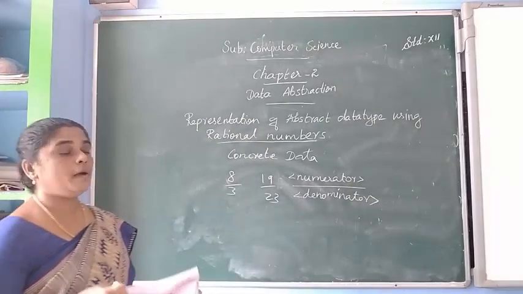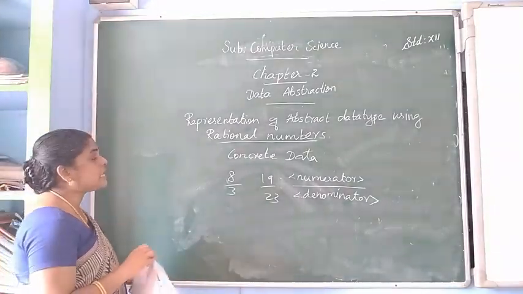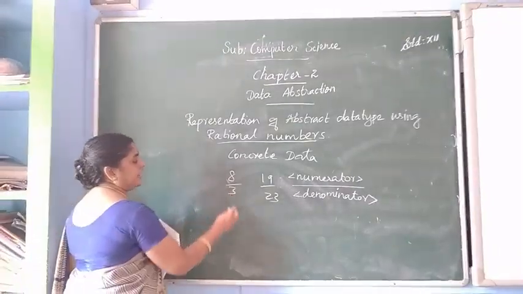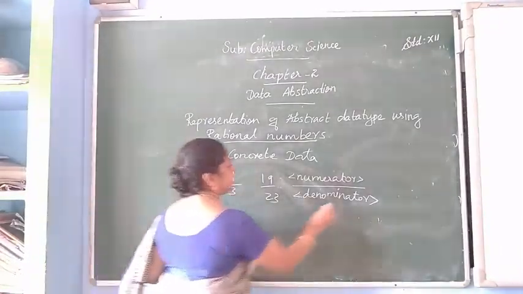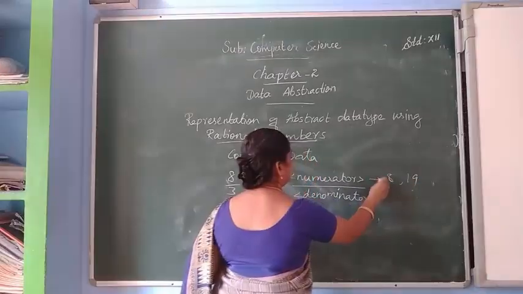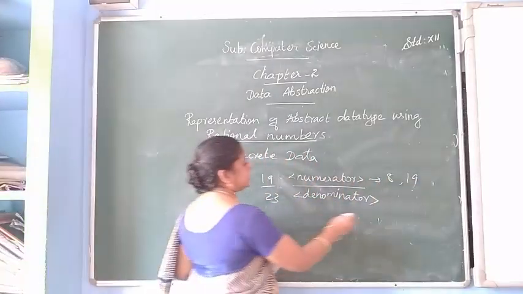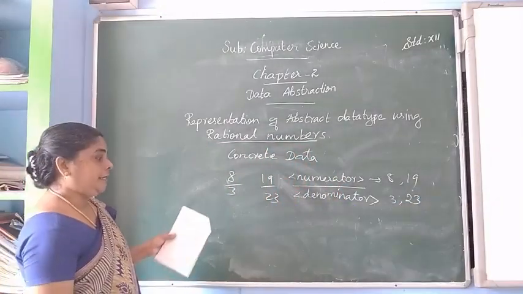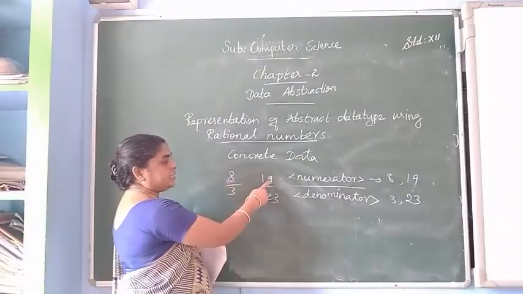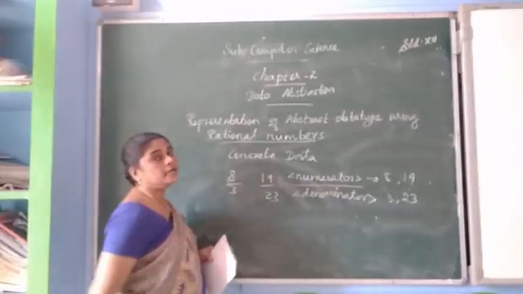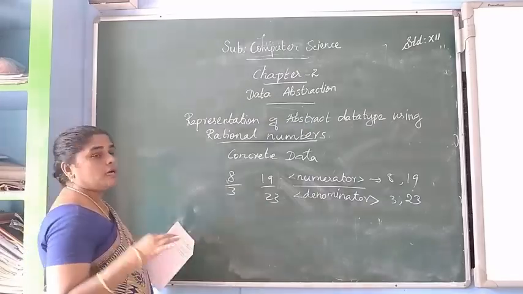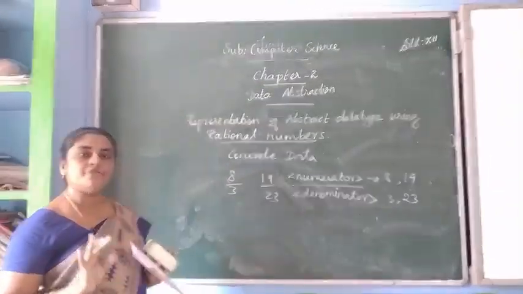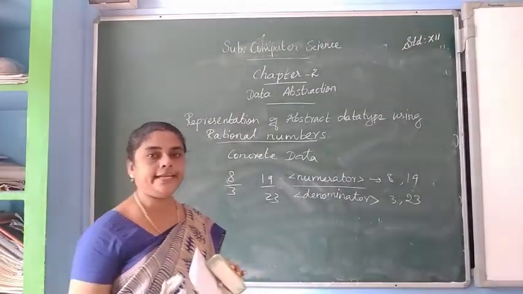In this, which is the numerator and which is the denominator? 8 and 19 are the numerators, and 3 and 23 are the denominators. From this, as I already told, concrete data means using functions in a program. That is the concrete data.